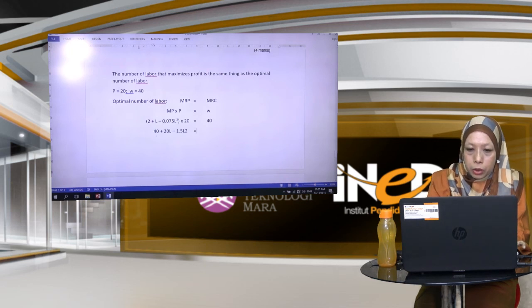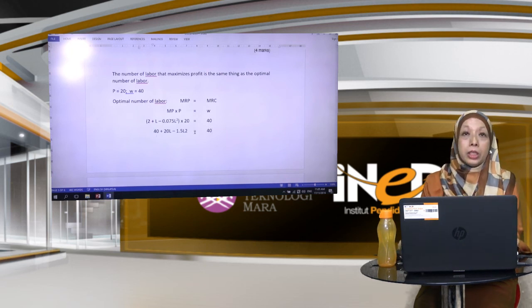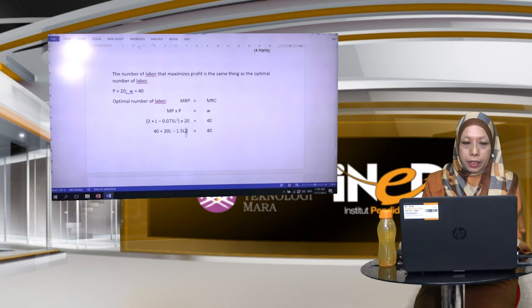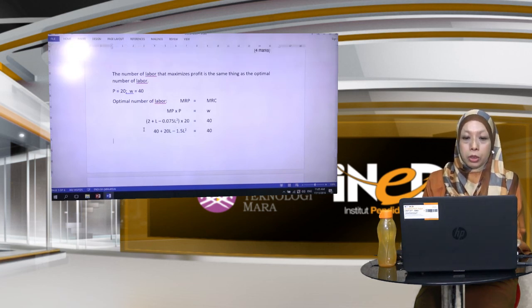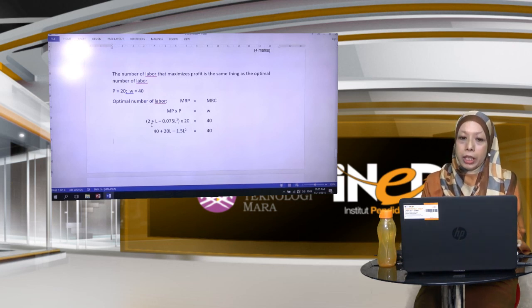This should equal your wage rate just now, which is 40. Any problem so far? We want to remove the bracket, and in order to do that we have to cross multiply, and this is what I get.